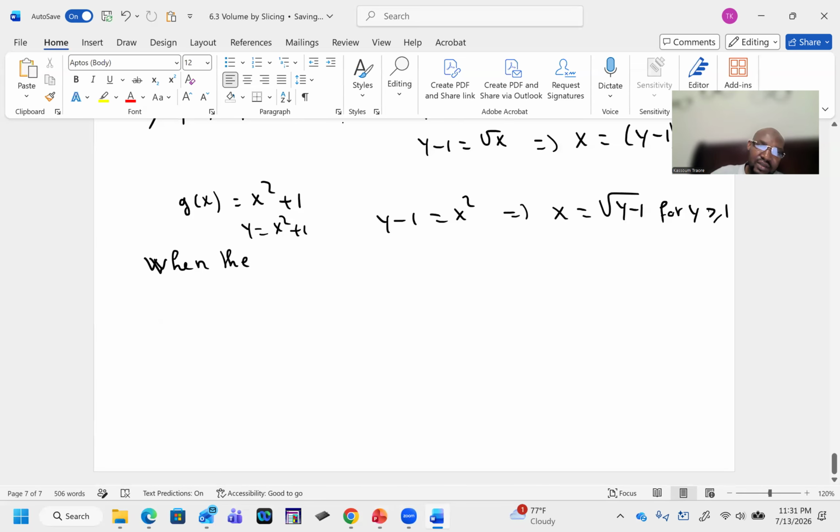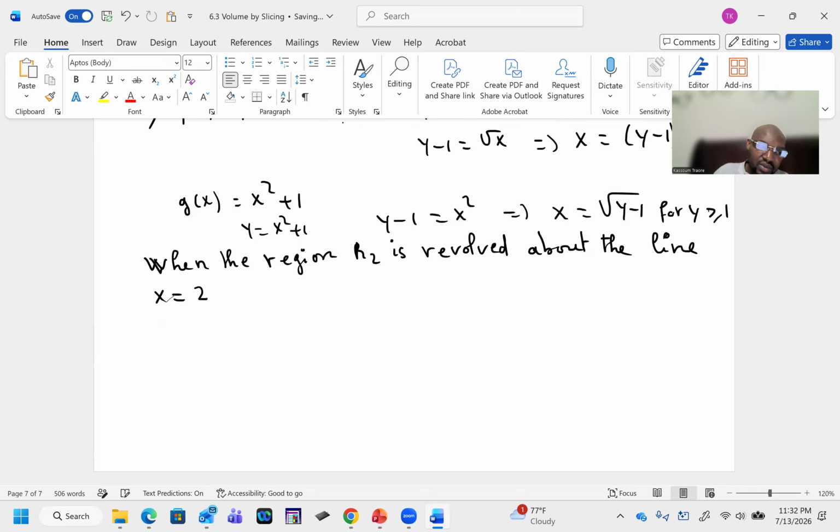When the region R2 is revolved about the line x is equal to 2, we have to use what method?